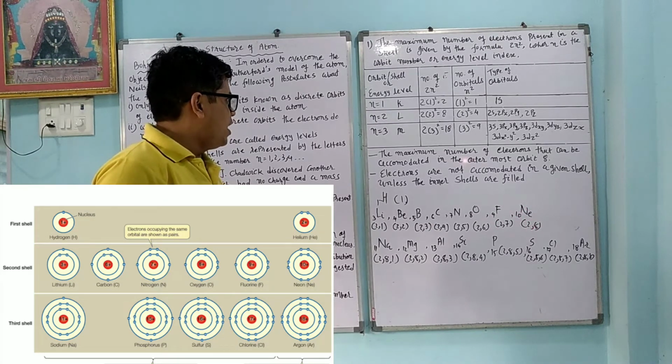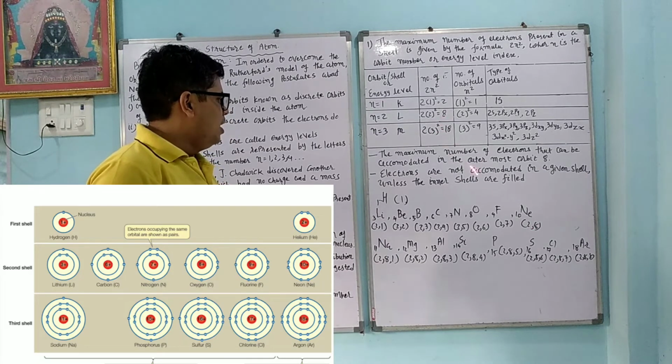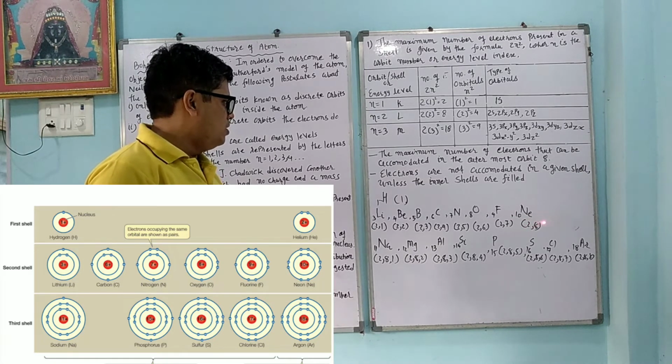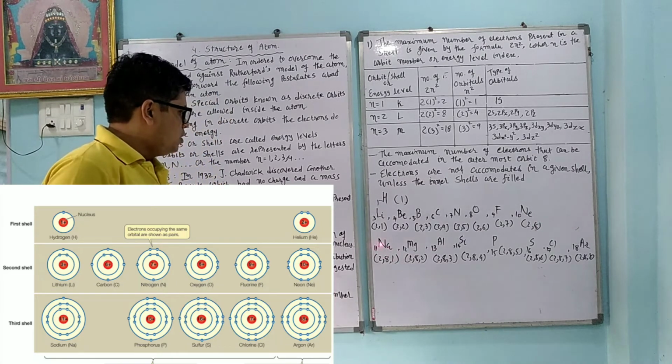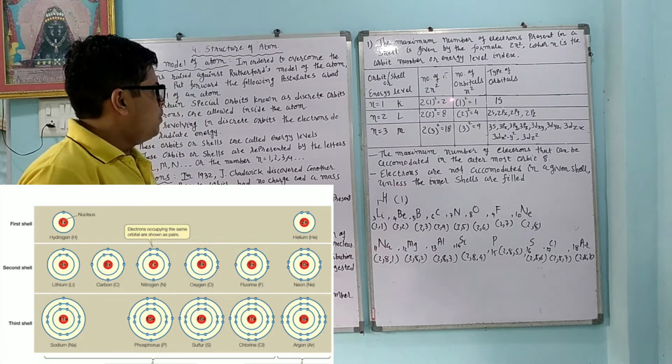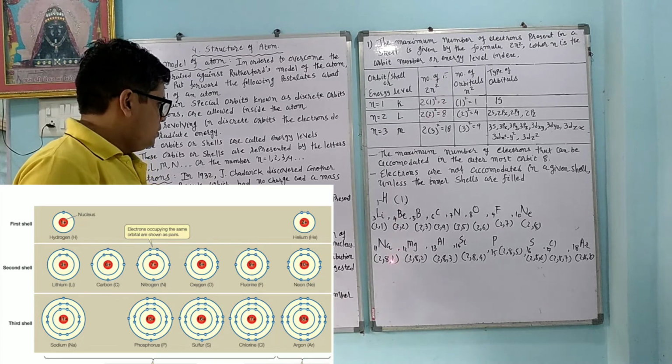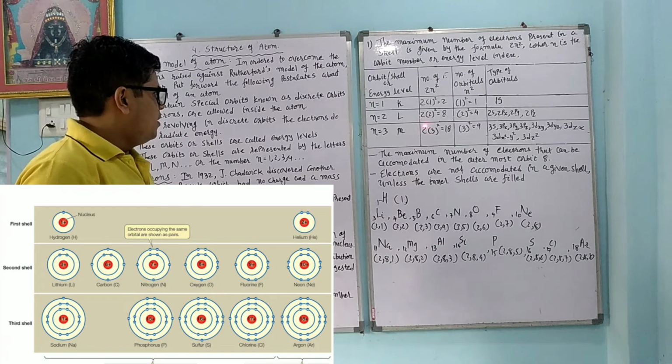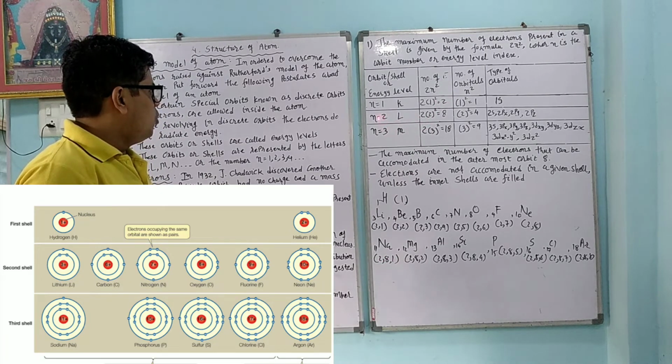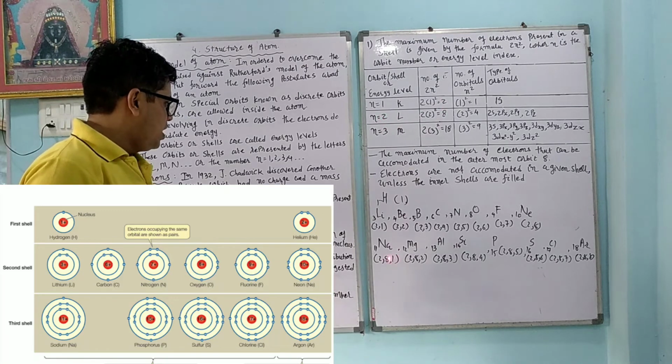Now you can see that the second orbit has a capacity of 8 electrons. It is filled up in the case of neon. Now in the next atom, electrons enter a new orbit, a new energy state or new cell. Sodium is 11. The first orbit has a capacity of 2 electrons, so we write 2. The second orbit has a capacity of 8 electrons, so we write 8.